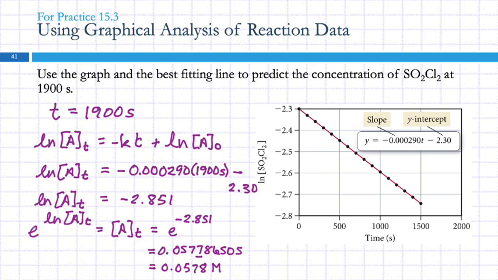That would be e to the negative 2.3, and that's equal to 0.1. And at 1900 seconds, the concentration has to be lower than it was to start with, right? Any questions?